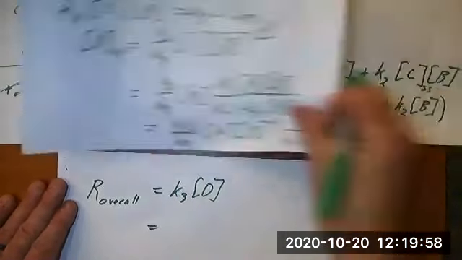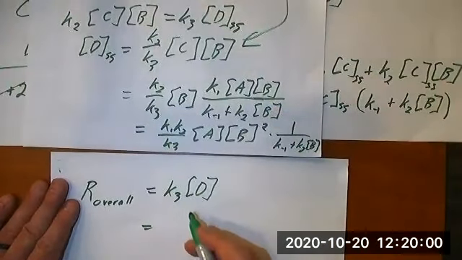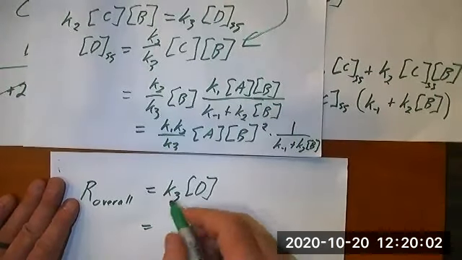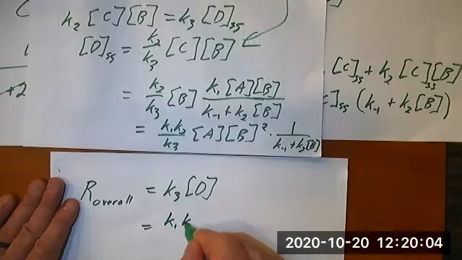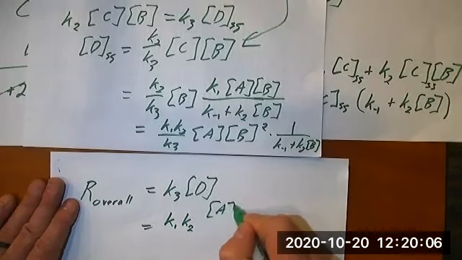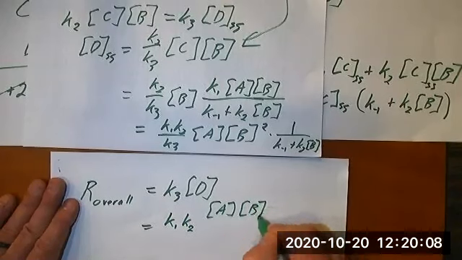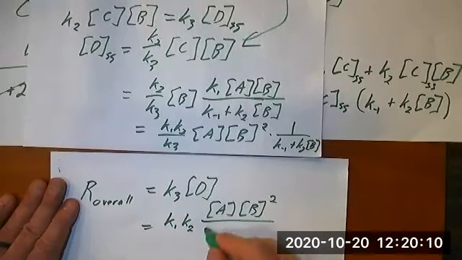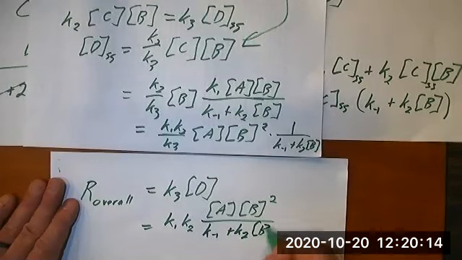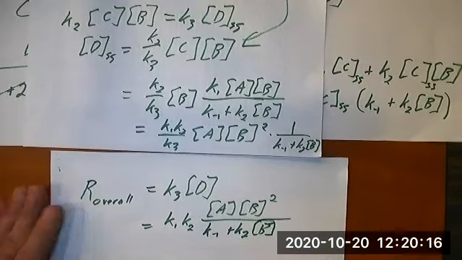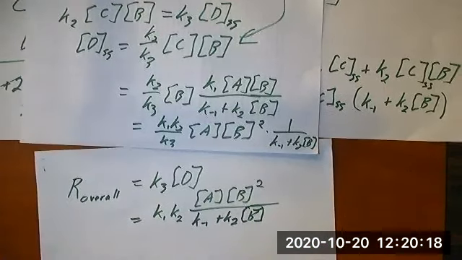So plugging that in, our k3s are going to cancel. So it'll be k1 k2 concentration A, concentration B squared over k_-1 plus k2 concentration of B. And so we now have our overall rate law that this mechanism predicts.